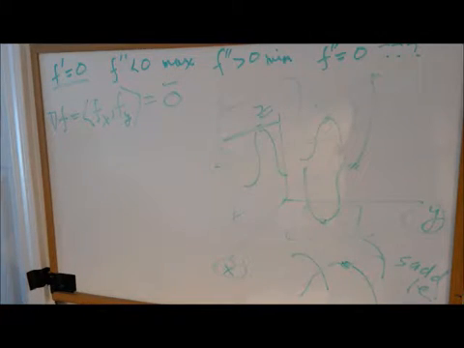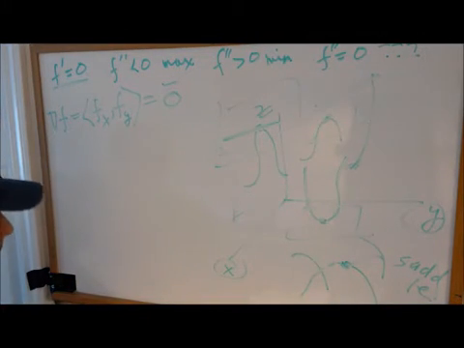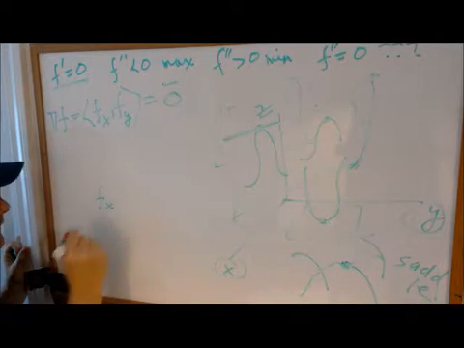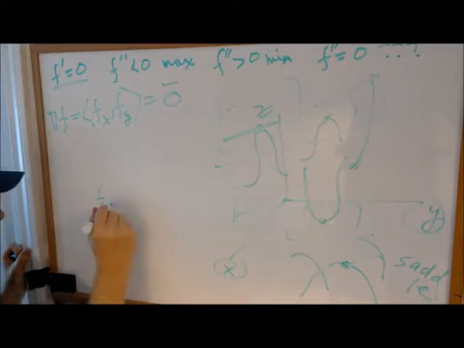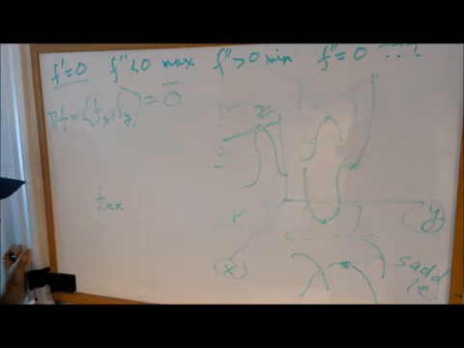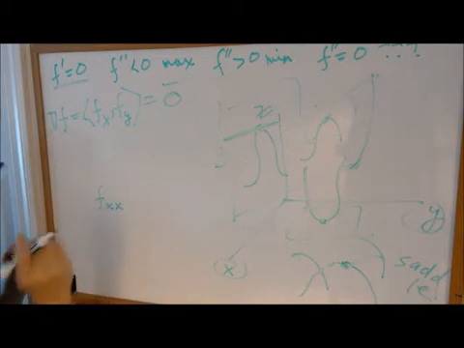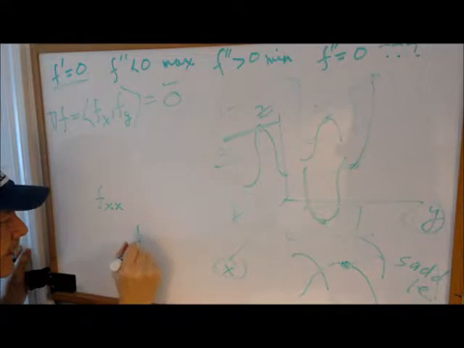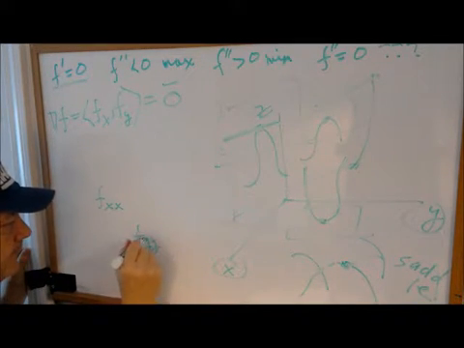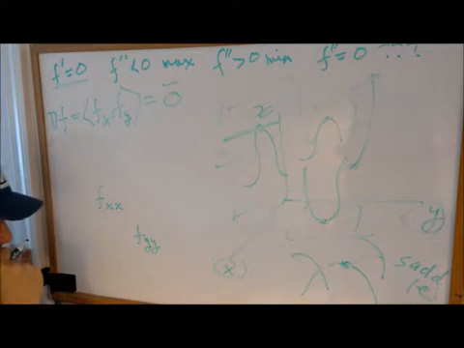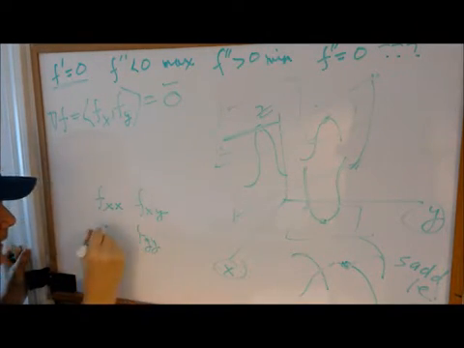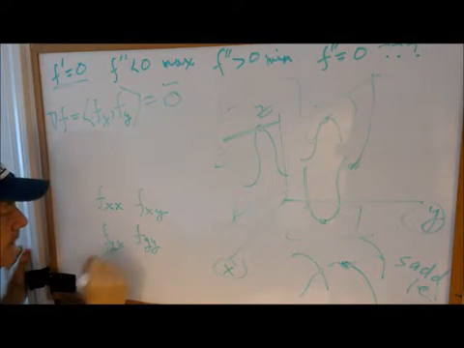So now we need to look at the second derivative. Well, there are 4 of them. Here's the first derivative with respect to x, and then we do it again with respect to x. So here's fxx, the second derivative. But you also have, and I'm going to write it here, fyy, and you have fxy and fyx.